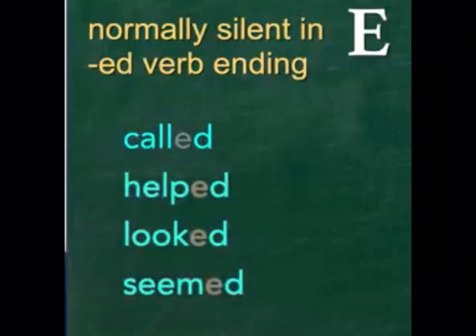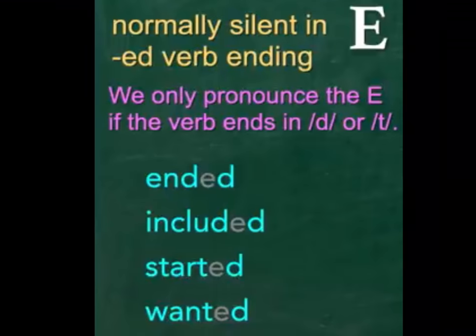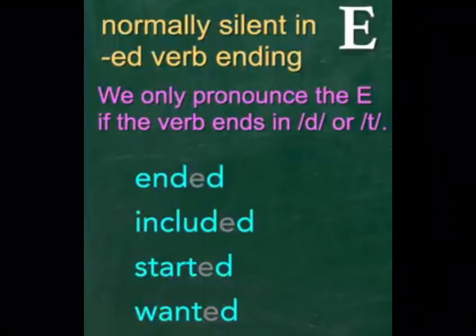Again, called, helped, looked, seemed. Okay. We only pronounce E in the base verb if it ends in D or T, such as ended, included, started, wanted.